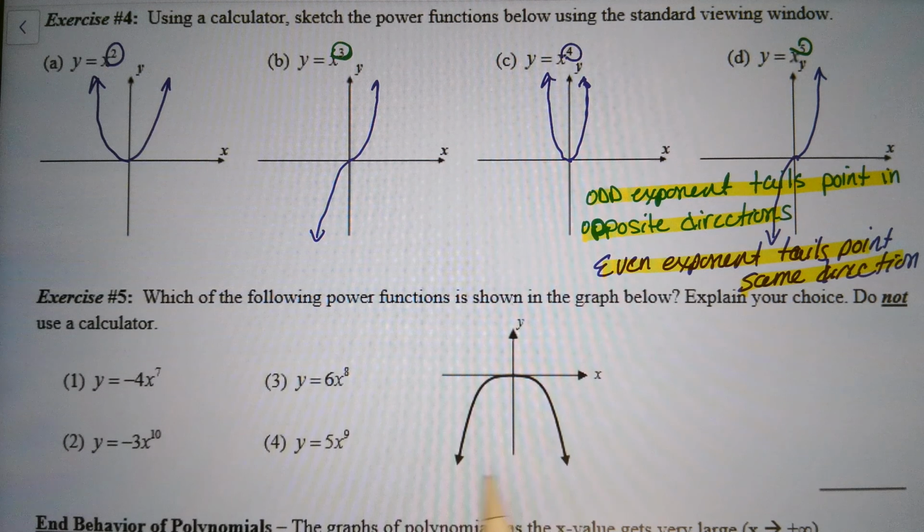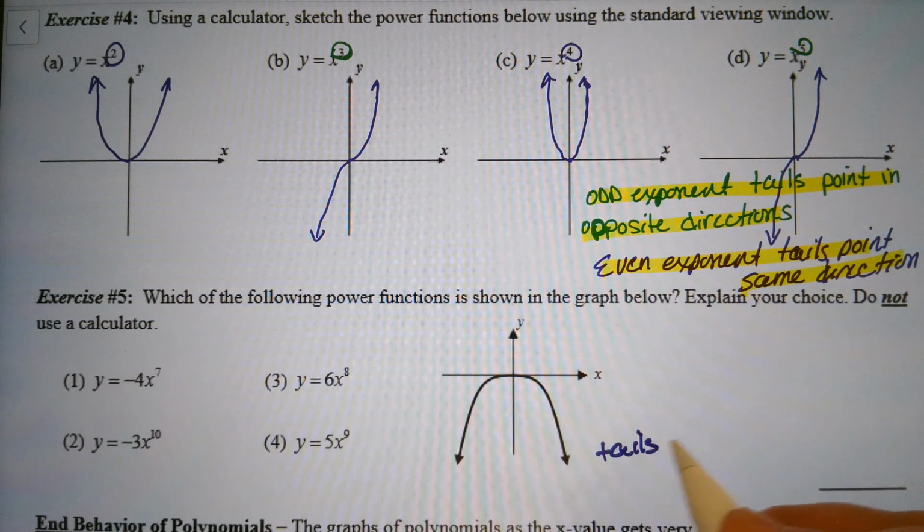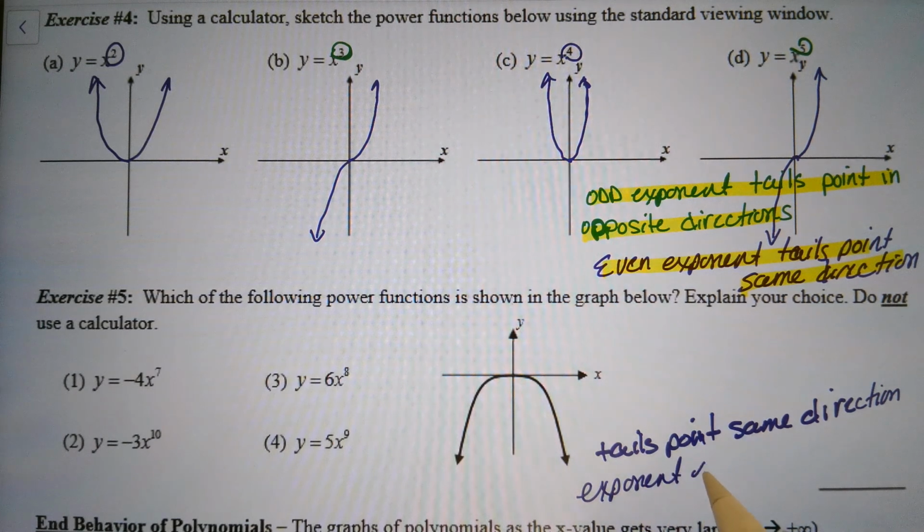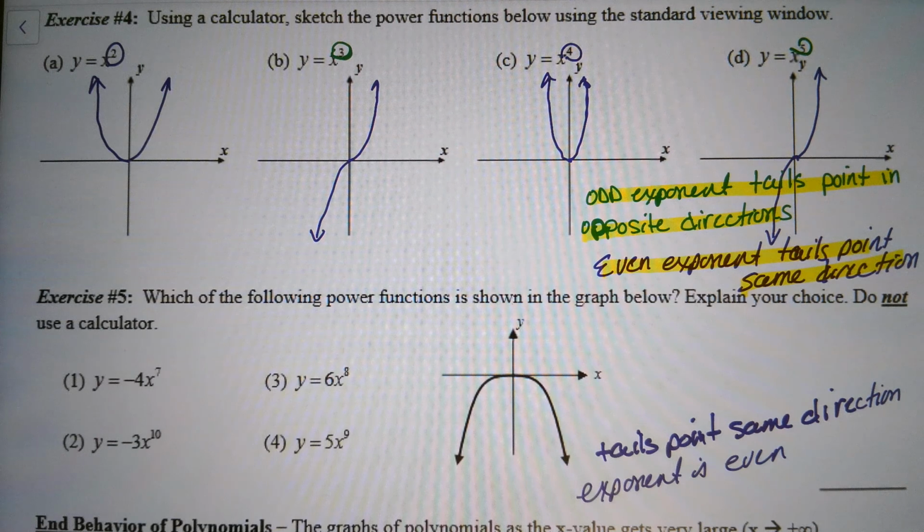All right, so first off, the tails point in the same direction here. So the exponent is even. So it's either choice 2 or choice 3.